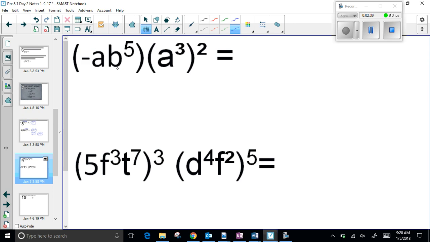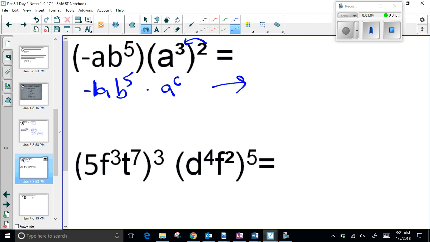In this next one, we have to multiply these 2 monomials together, but first we need to raise a to the 3rd to the 2nd power. So this actually is a to the 6th, and now I've got a to the 6th times negative a times b to the 5th. Remember this negative a is actually a coefficient of negative 1, and it gets separated out.